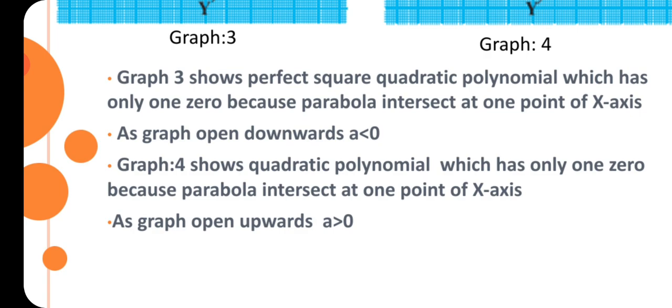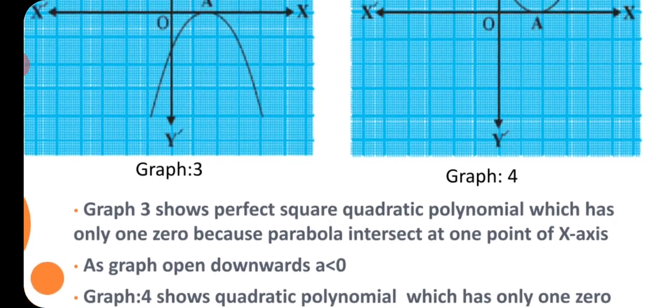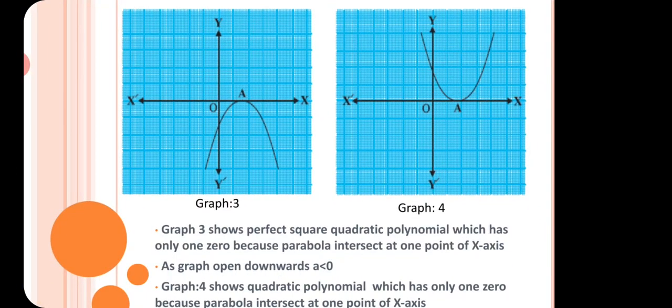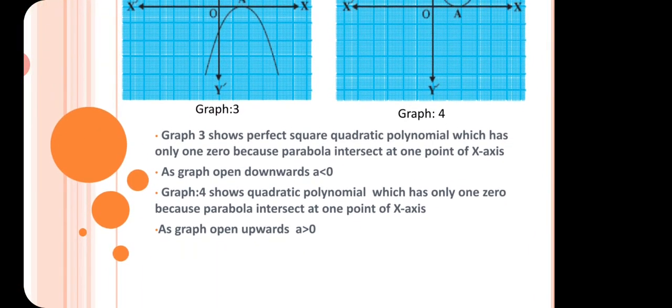Graph 4 shows a quadratic polynomial which has only one zero because the parabola intersects at one point of the x-axis. As the graph is open upward, a is greater than 0 for graph 4. Quite easy. Let us see further.